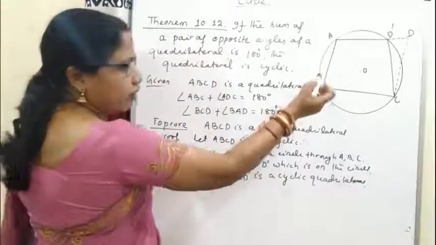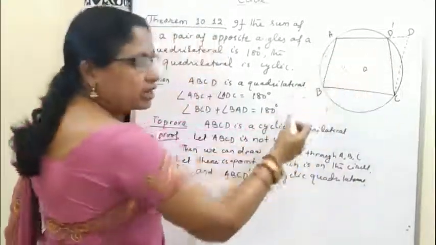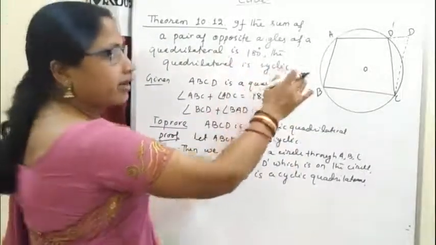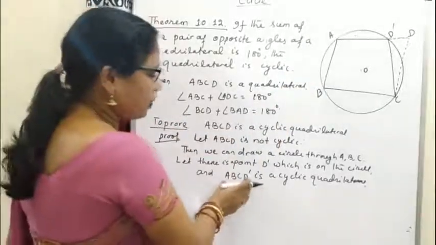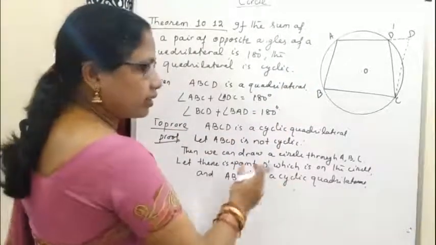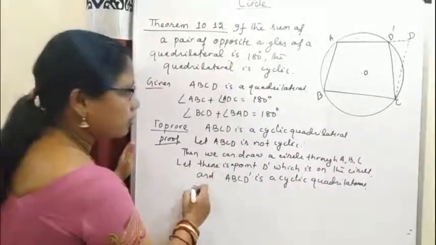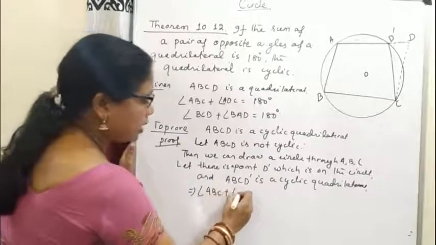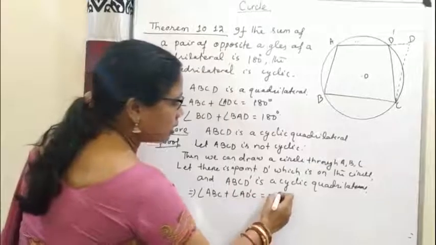Here look at the figure. ABCD' is a cyclic quadrilateral. Assume that. So if D is not present on the circle, let us take D' which is present on the circle. So if ABCD' is a cyclic quadrilateral, then we know that the opposite angles are supplementary. So this implies angle ABC plus angle AD'C is equal to 180 degree.